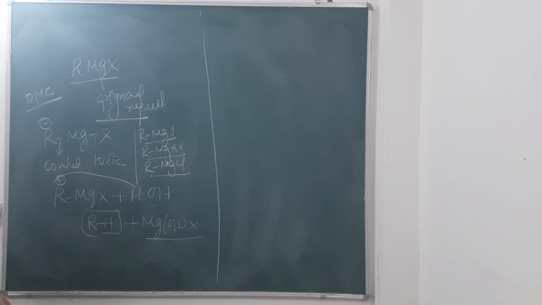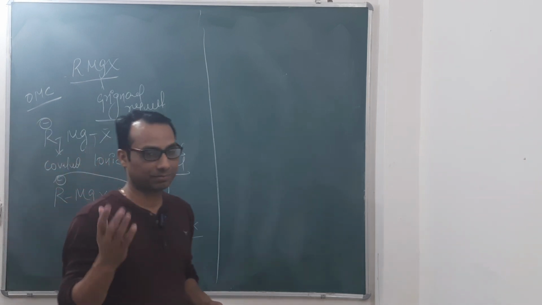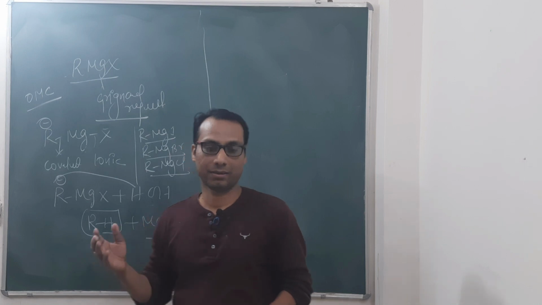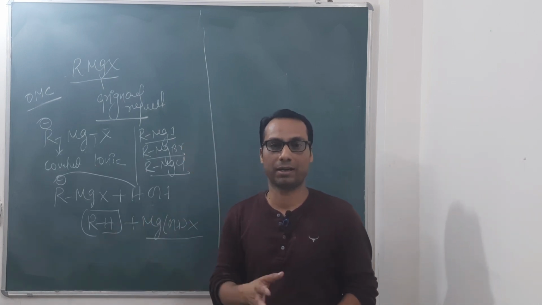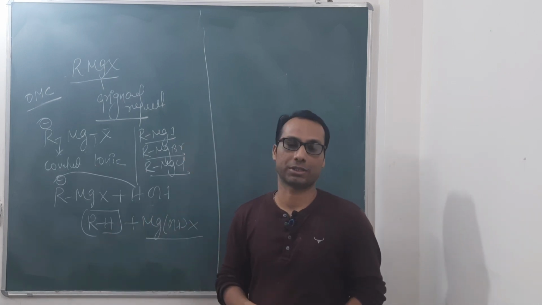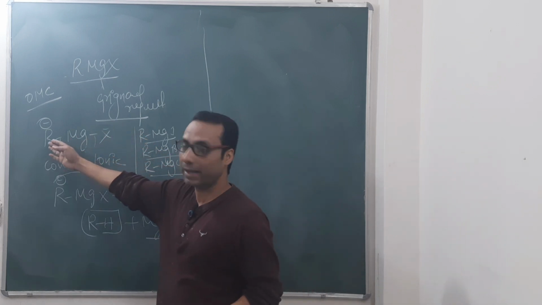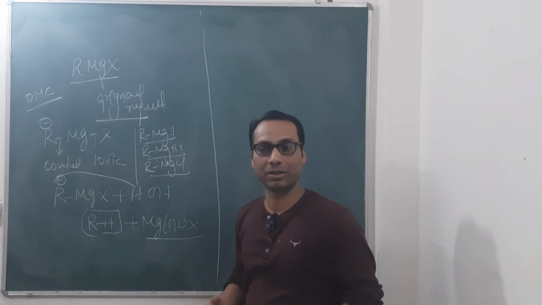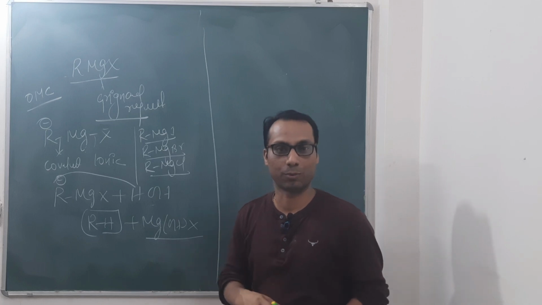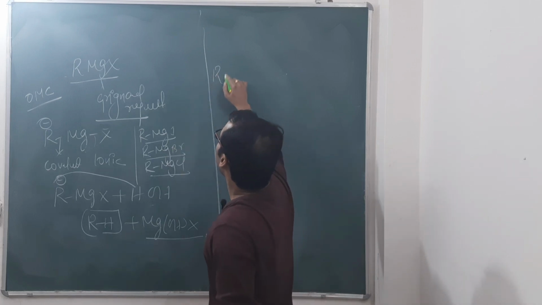Okay. Now the question is how Grignard reagents will react with alkyl halides. Students, the Grignard reagent reaction with the alkyl halide is an SN2 process, because here is a base and nucleophile. Correct? And a base and nucleophile usually attack in the SN2 process. So what happened?